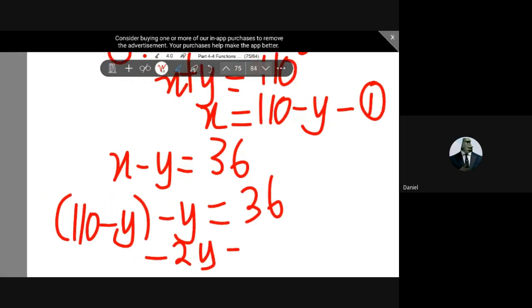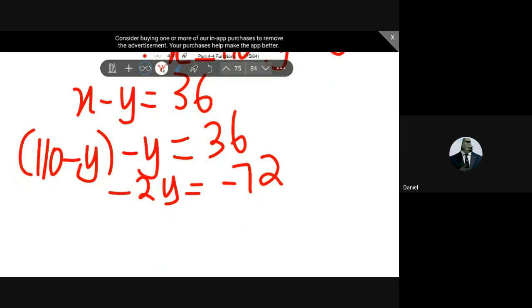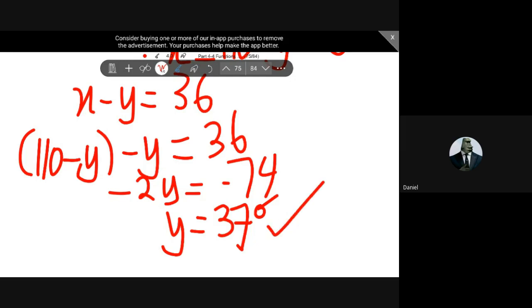Negative 2Y sama dengan negative 74. So Y equal 37. 37 degree. So that's your answer lah. Itu jawapan kamu. So boleh faham yang tanya dalam X dan Y? For those ask X and Y, this is the working lah.